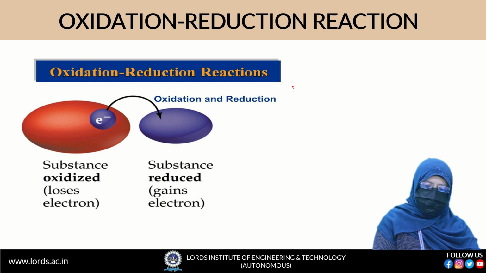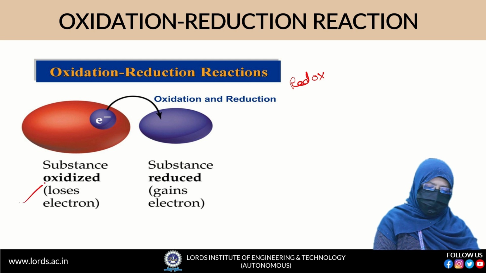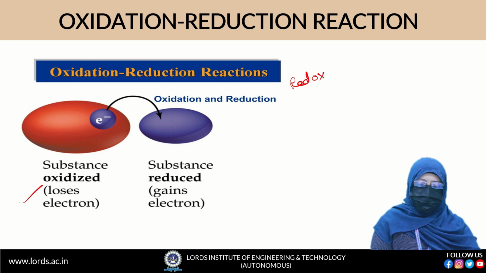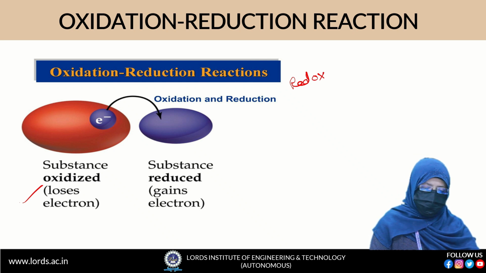In a redox reaction, oxidation and reduction take place simultaneously. The substance which loses the electron is called oxidation. How to find the oxidation?